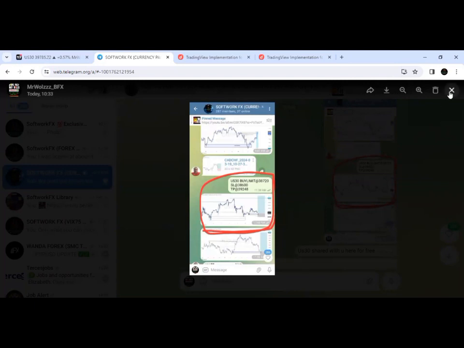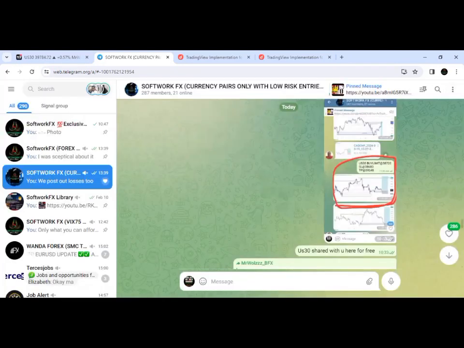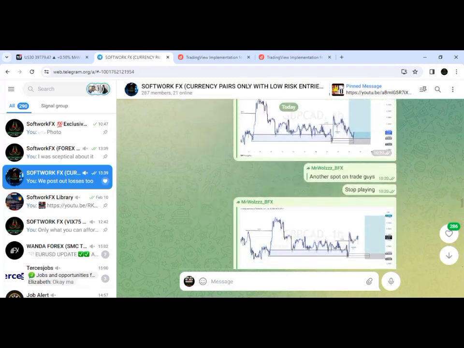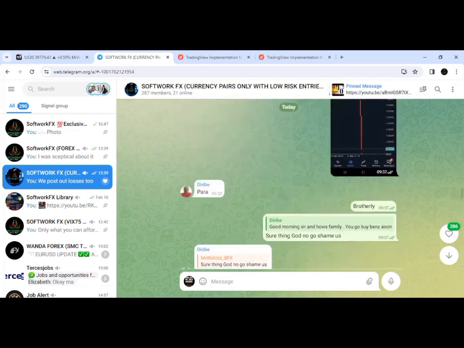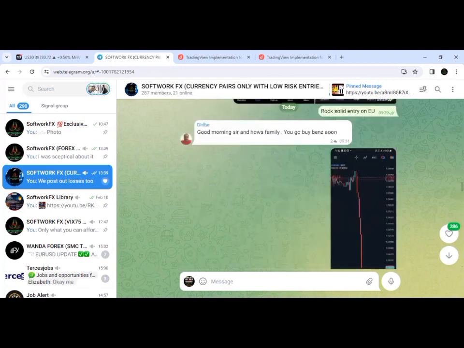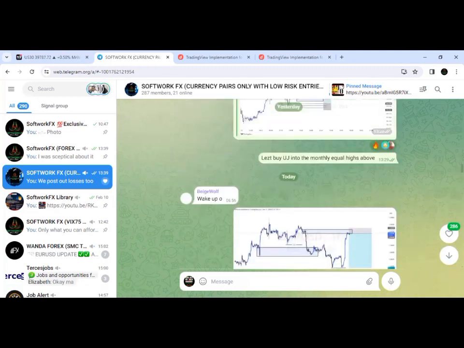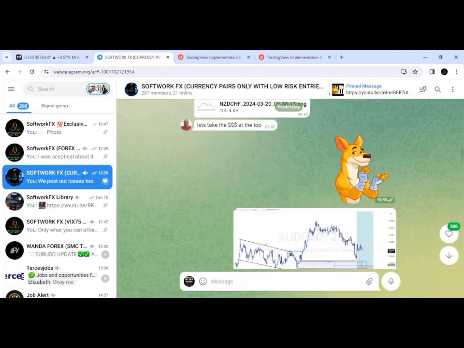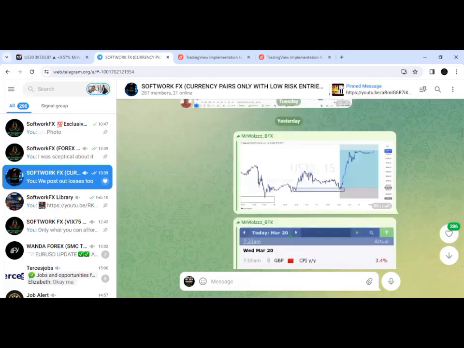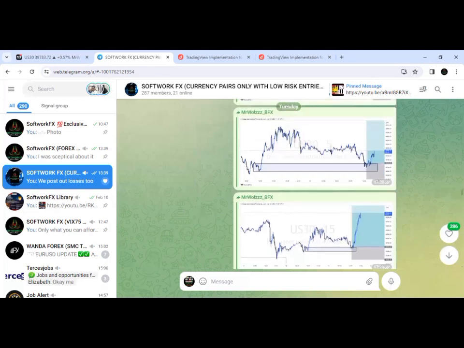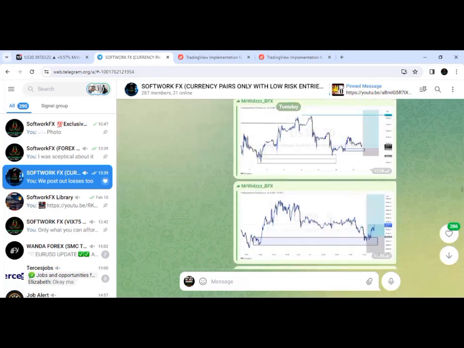Let me take you to the original setup because I want people to see it so that it won't be like I'm just making up a trade. This is a trade we took today. Look at it. Massive trade. I dropped the analysis on my channel just for free, just for anybody to take it. Oh, where's the US 30 trade?